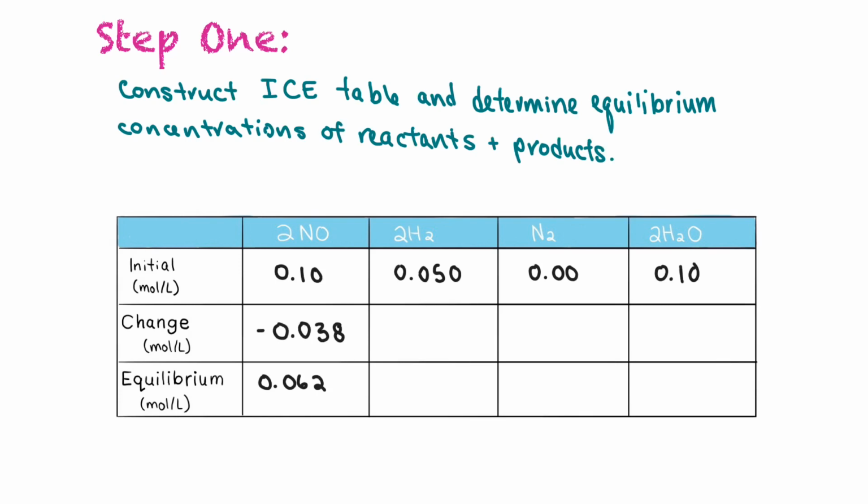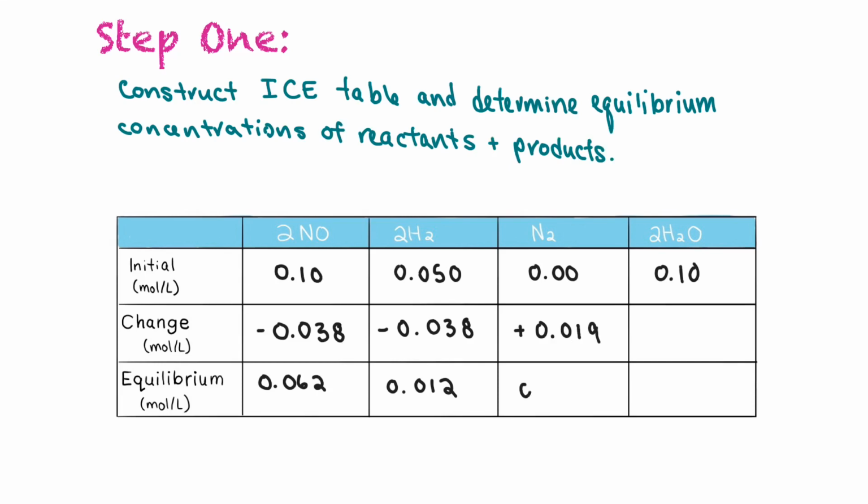That means that the hydrogen also went down by that same value because they have the same coefficients. So 0.038, which means it equals 0.012 moles per liter. And then we take a look at nitrogen. It has a coefficient of 1, so it's going to go up by half of the amount of the other values. Because we're producing that, it goes up by 0.019 moles per liter.